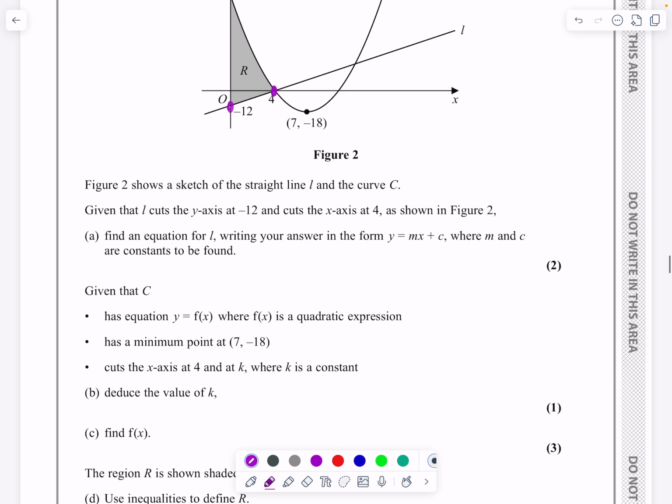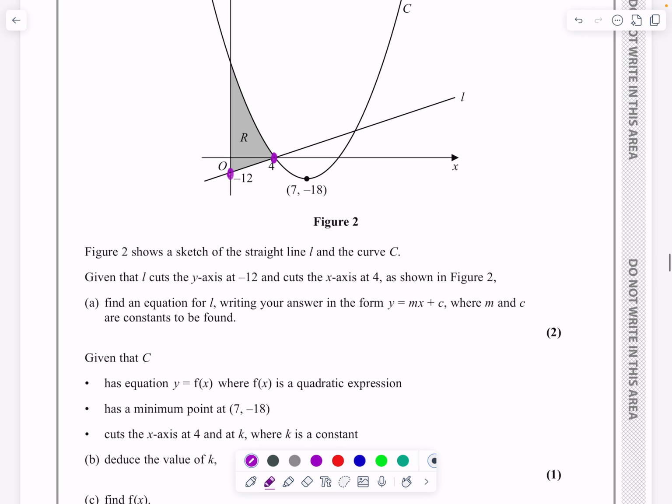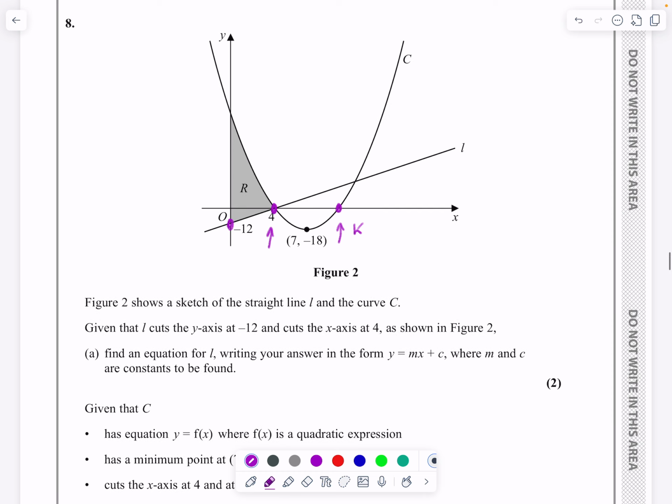Part B says we're now looking at the quadratic curve, and we say that the quadratic curve cuts at 4 here and also cuts at k there. And then they ask you to work out what k is. Well, there's a really complicated way of doing it, or there's a really simple way of doing it, and I'm going to use the simple way. We know this is the minimum point here, (7, -18), so this graph is symmetrical about this line. What that means is that those two lengths are going to be equal to each other.